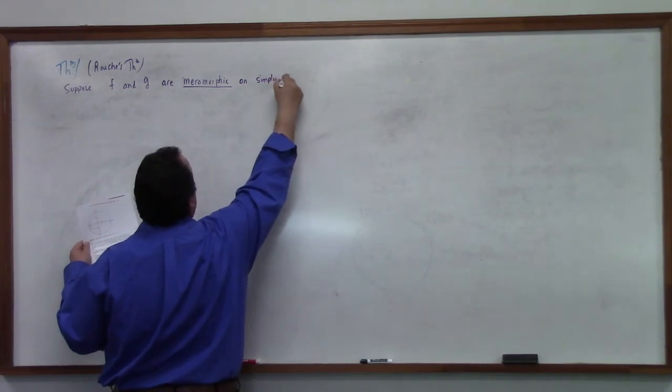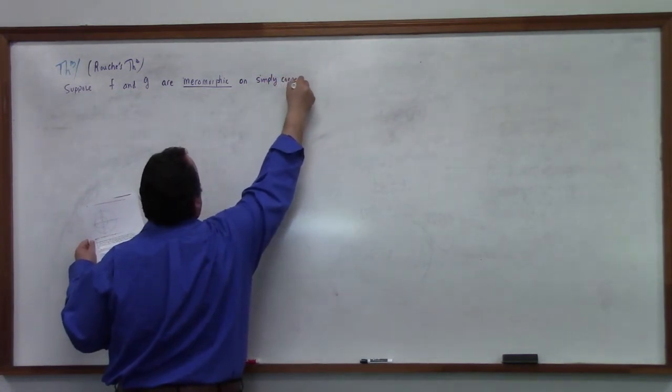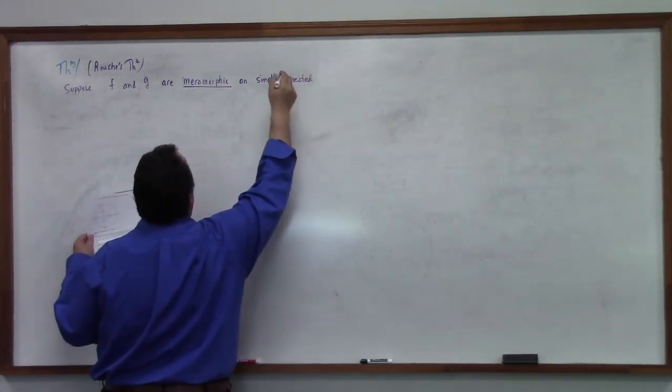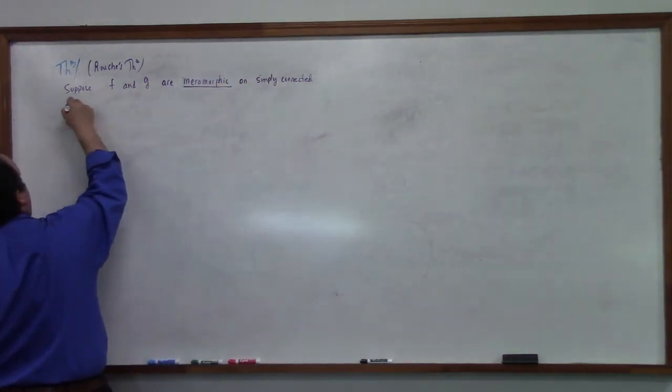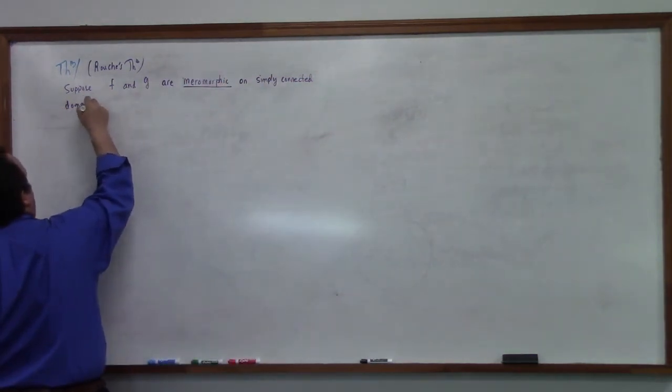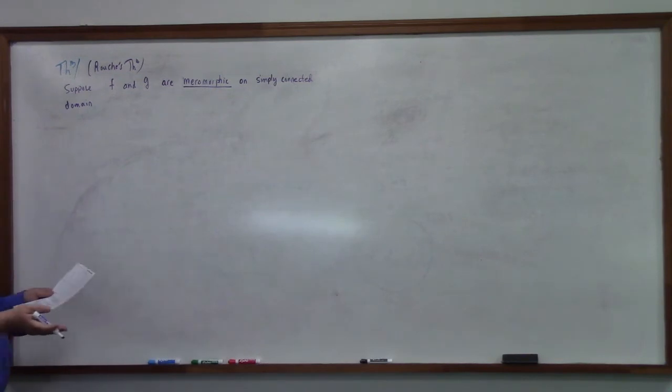Simply connected doesn't have to be bounded. And since it doesn't have to be bounded, we could have an infinite number of singularities, because you could spread the singularities out. You don't have to have an accumulation point. So we could have an infinite number of singularities, but each one of those singularities has to be a pole. It can't be an essential singularity for the functions. All right?